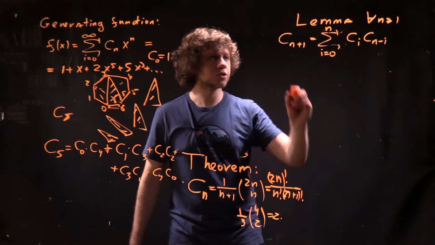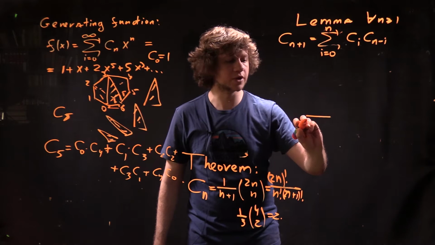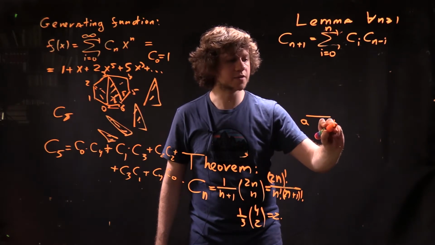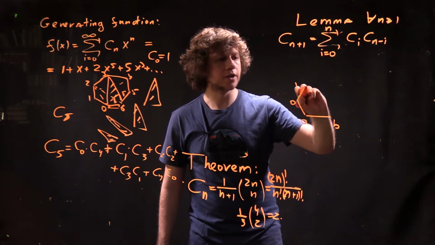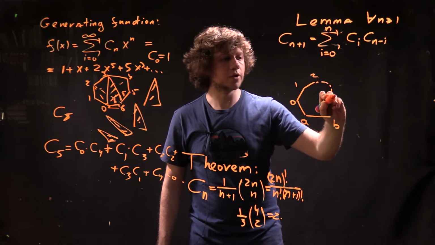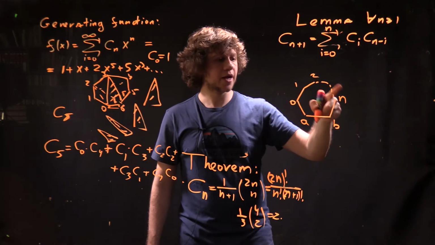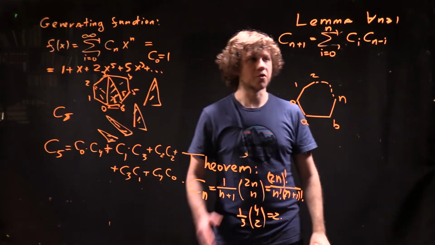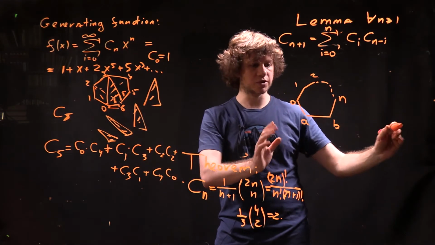So for this, let me just draw this n plus 3 gon, and I will maybe introduce some notation. So this will be vertex A and this will be vertex B, and then I will just label them from 0, 1, 2, and so on up to n, and then I have n plus 3 vertices. Perfect. So now I want a bijection between two sets.